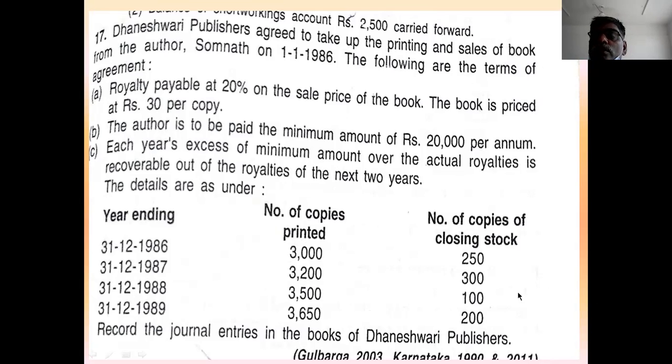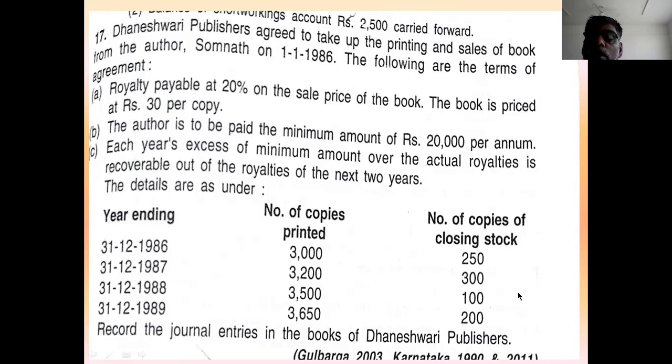I already gave the equation. Sales is equal to opening stock plus production minus closing stock. This is the equation already given in the previous class. By application of that equation, you have to calculate the number of copies sold. Then rate of royalty is to be applied. Okay.